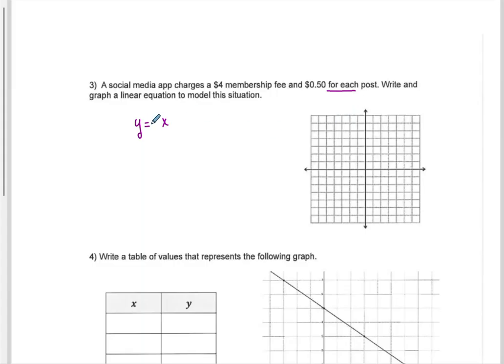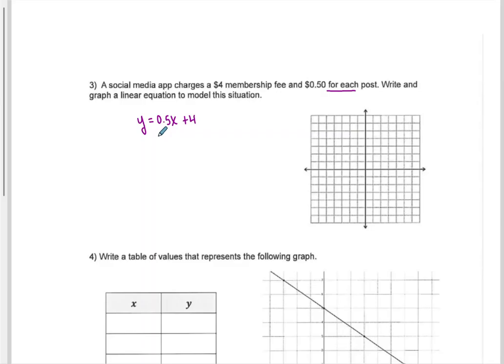So it's changing at a rate of 50 cents. So I'll just put 0.5. You could put 0.50, but when we are using decimals, we just go ahead and drop that 0 right there. So y equals 0.5x plus the initial value is at 4.